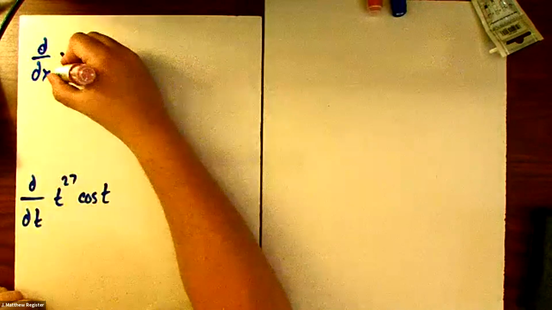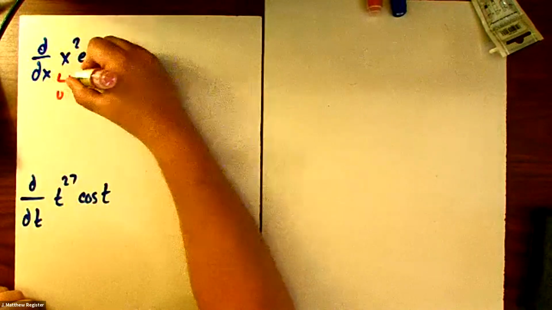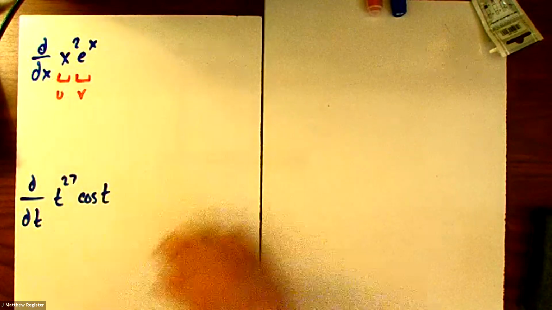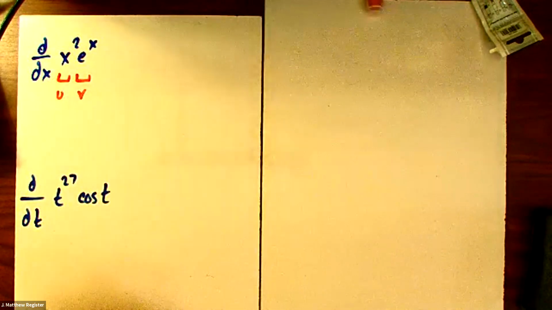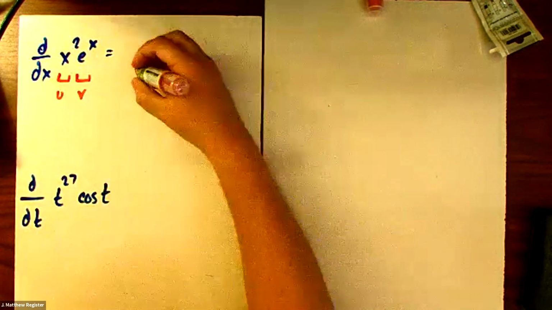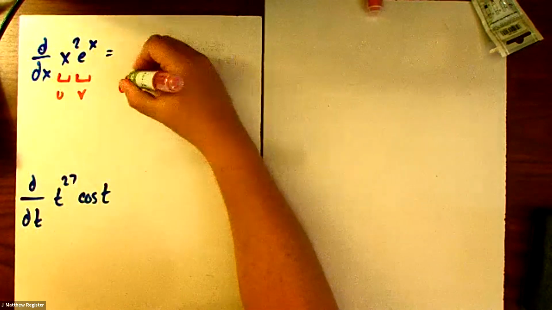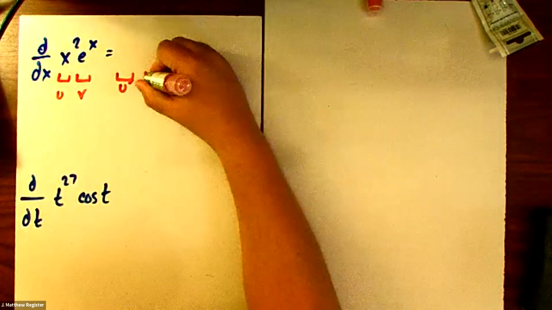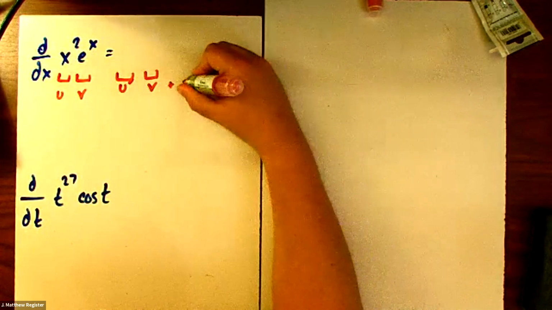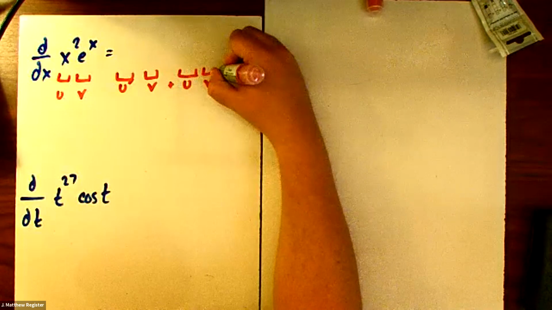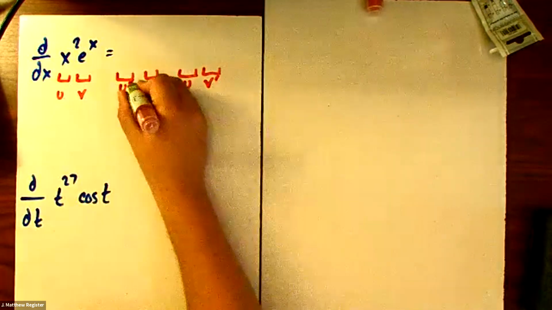We would say this is our u, and this is our v. Then what we get when we take the derivative is u prime times v plus u times v prime. That's the order I usually do things.